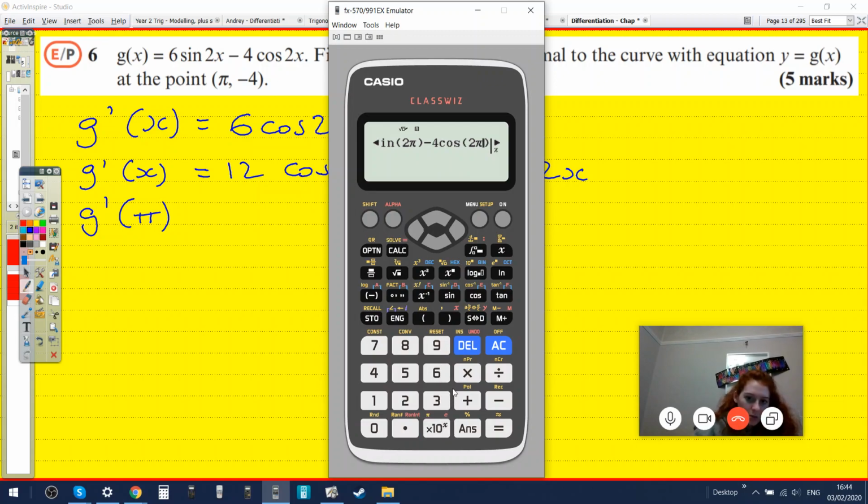I've got that to equal 12. Oh, I should have used x. Hang on.